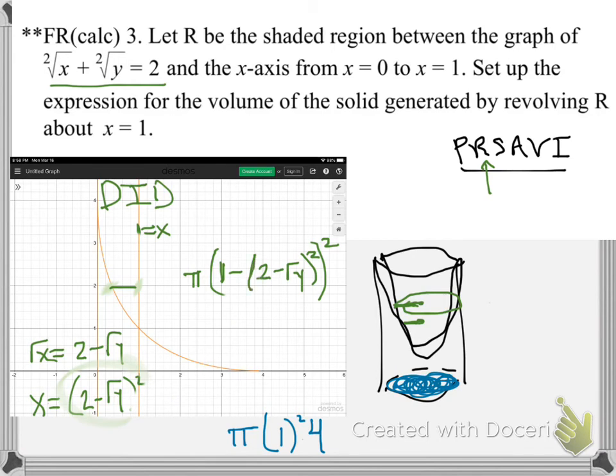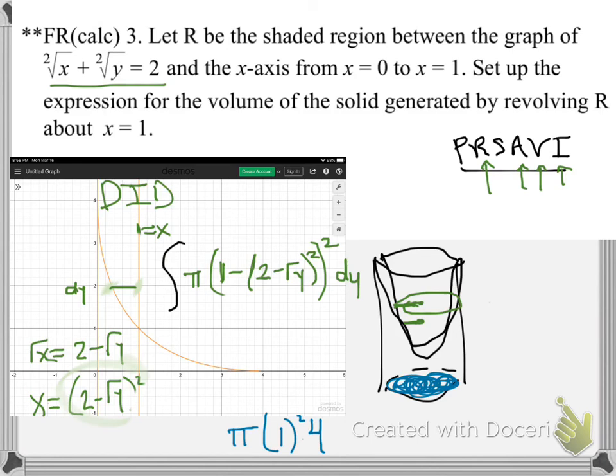Sorry about my little deletion there. And then, let's see, that's the area now. Then I need a volume, and it's going to have this tiny little dy thickness. So that's now a volume, so I'm going to multiply that whole thing by dy. Then I still need to integrate.